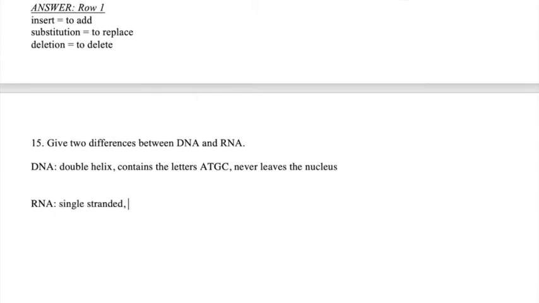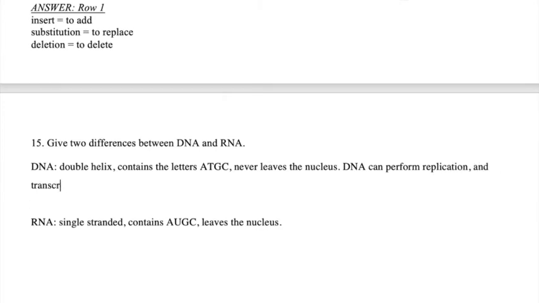It's not a helix. It contains the letters A, U, G, C. There's no letter T. And it leaves the nucleus. What can DNA do? DNA can perform replication, makes a copy of itself, and transcription.